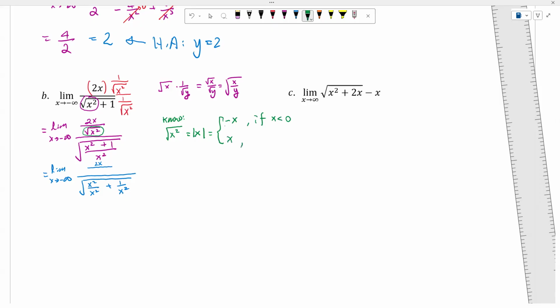It is equal to x if x is greater than or equal to 0. This is how we define the absolute value. And in this case right here, now let's check it out.